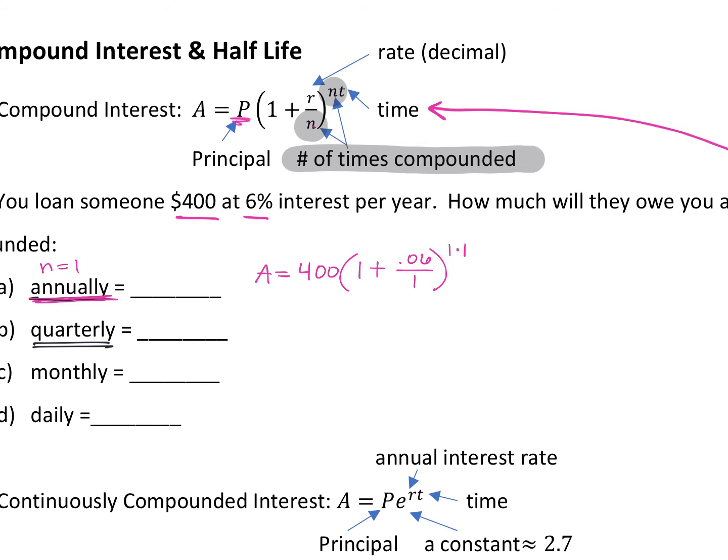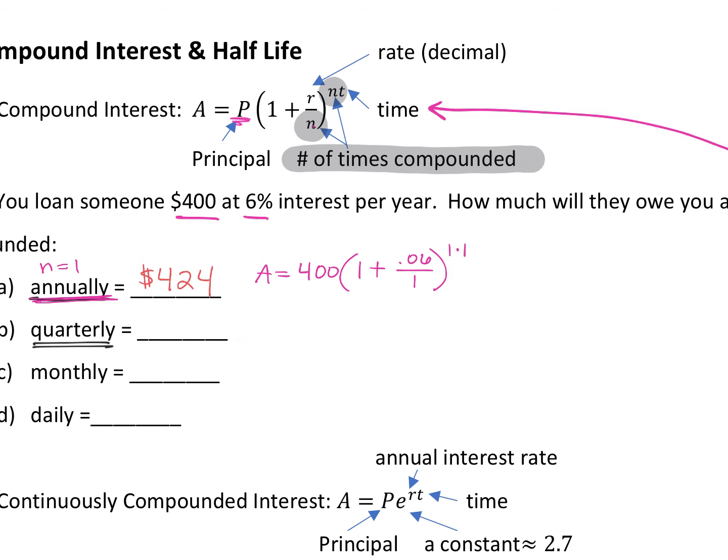Plug it in. 424. Did everyone get 424? You should. So it's $424 that you would get at the end of the year if you loaned them $400 at the beginning. So you made $24 on that. You made some money just by giving someone else your money for a little while.